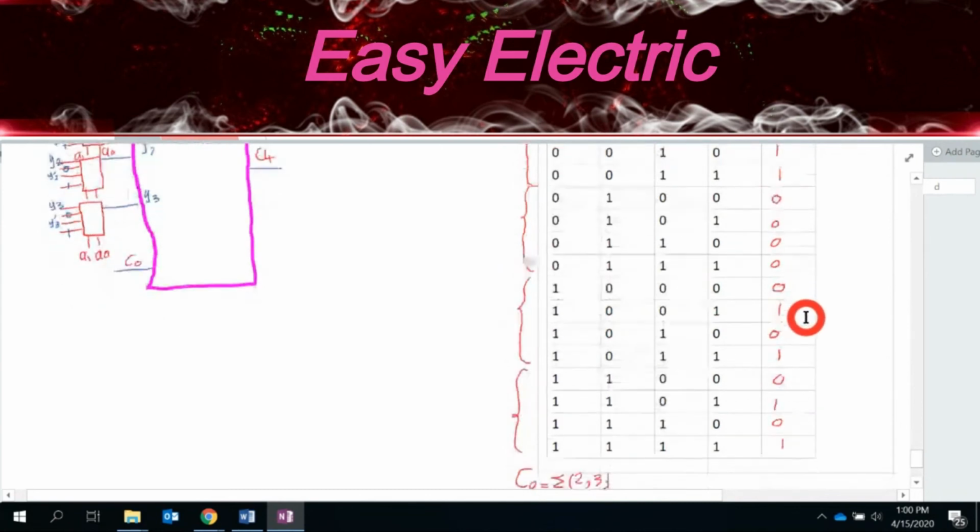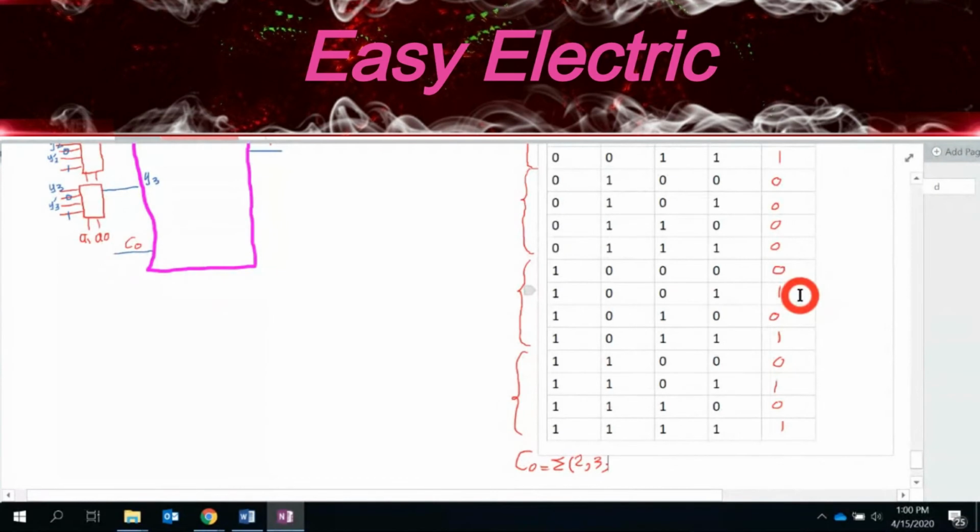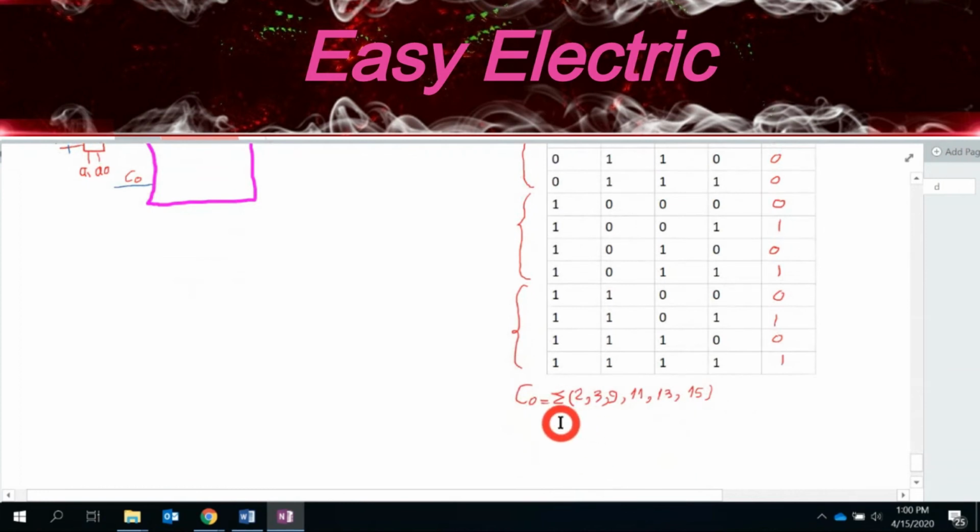So here is 0, 0, here is 1, which is 8 plus 1, we have 9, right? We have 9, we don't have 10, we have 11 here. 11, 12, 13, 14, and 15, we don't have. Okay? So you already know how you could simplify this, right? You need a K-map to get the simplest form of C0. I'm not going to draw the K-map. You already know. You can do that yourself.